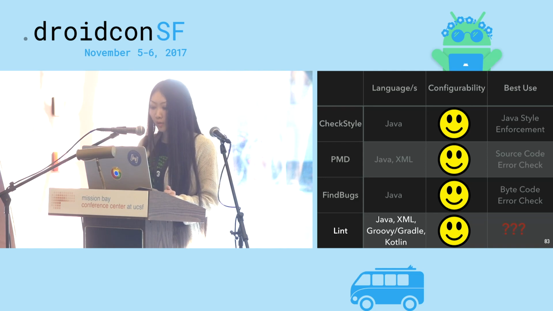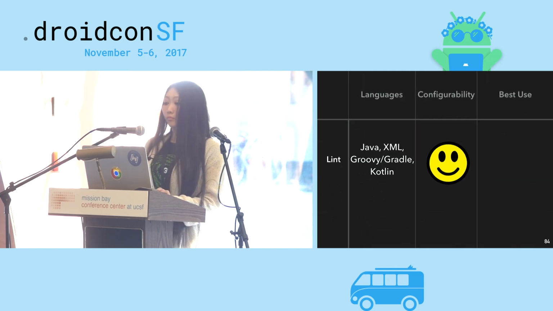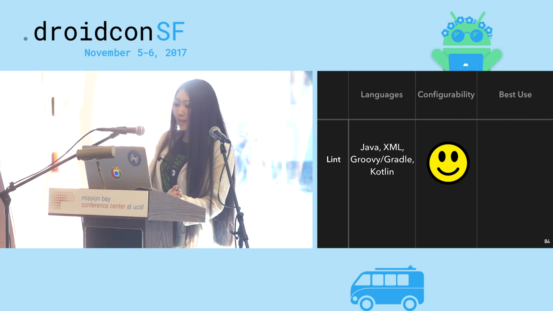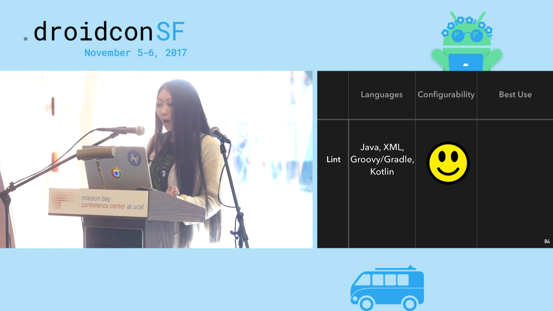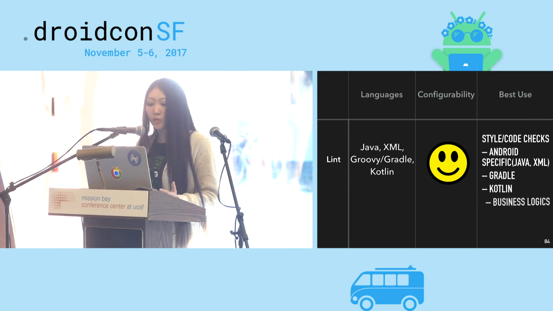And what do we use that for? I would say that it's good for both style and error check, specifically for Android related things, such as Android Java or XML, and also Gradle, Kotlin, and some business logic.